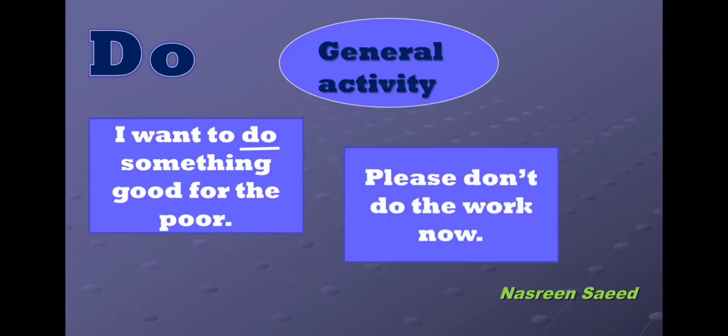Please don't do the work now. So don't do the work now. Work अभी नहीं करना है. So these are the two uses of do. We use do when we talk about a task or some work, and we also use do when we refer to general activities.